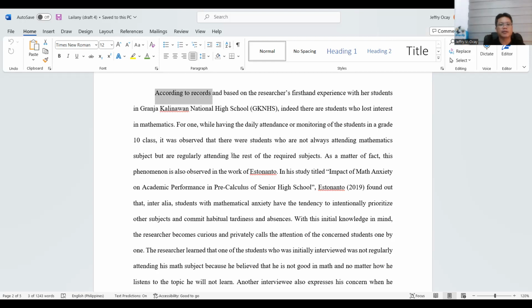Let me continue. According to records and based on the researcher's first-hand experience. You see, we say based on the researcher's first-hand experience. We're also sending a signal to our readers, to our thesis committee or panel members, that aside from the fact that we conducted archival research, for example, or we read literature, or we checked documents, we also conducted preliminary interviews and observations.